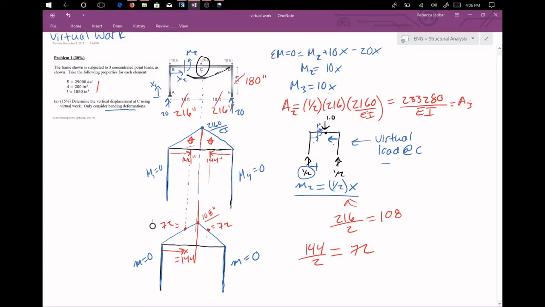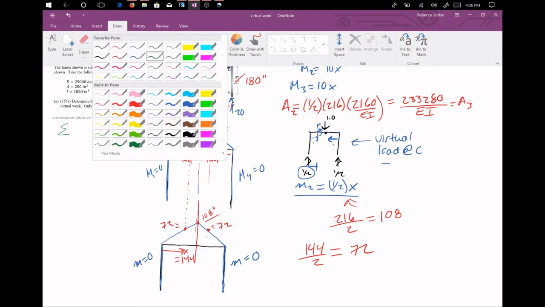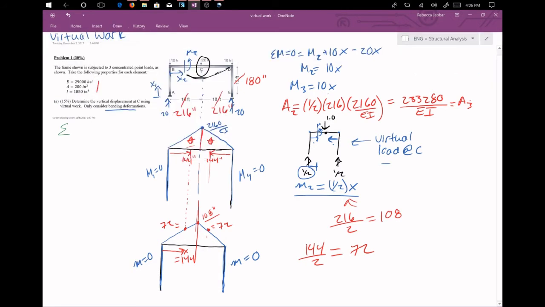And then we use that equation, which is we sum up, oh no, I used the wrong size. Equation where we sum up this area times the value of m that is related to that same section.